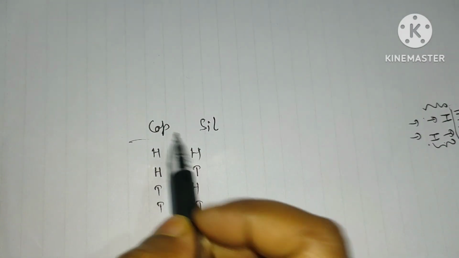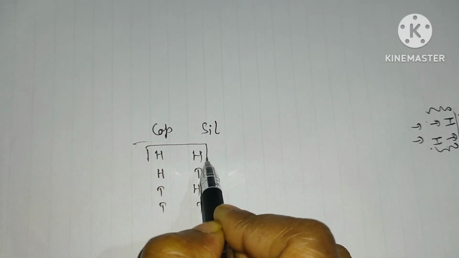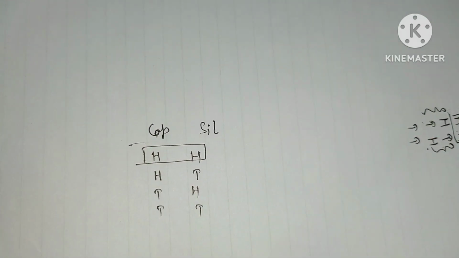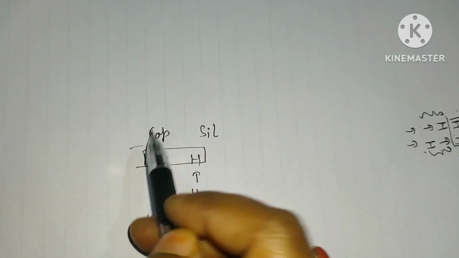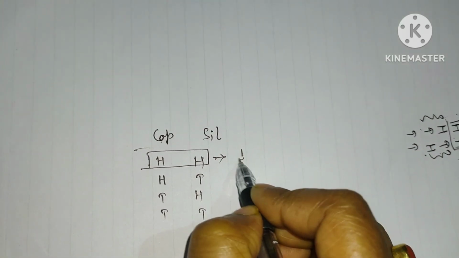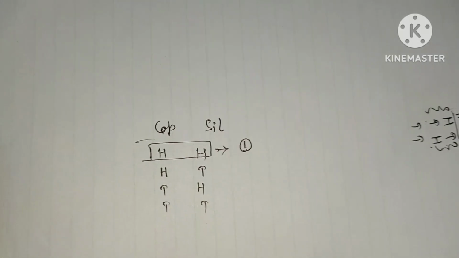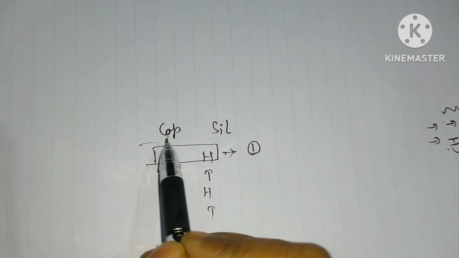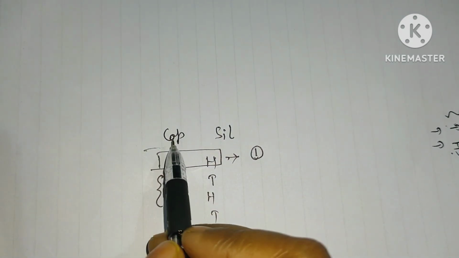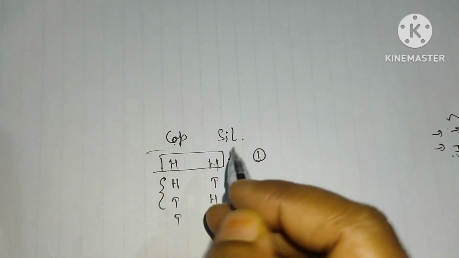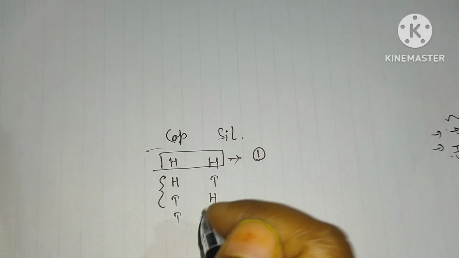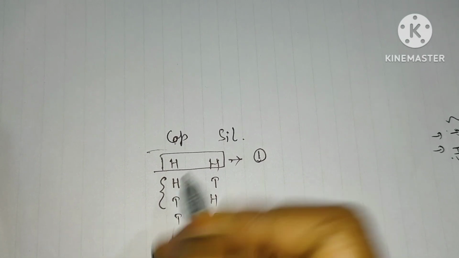So in the first case, we can see both heads. If the two coins are both copper or both silver, then in that case also both are heads. So this is one case. In the next case, if we cannot distinguish between copper and silver, in the second and third cases, whether both are copper or both are silver, one is head and the other is tail.